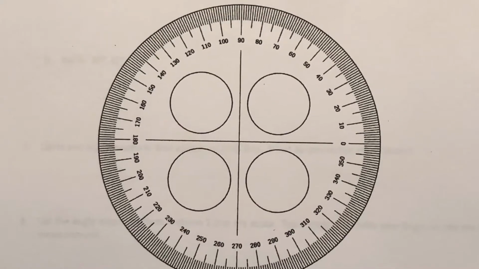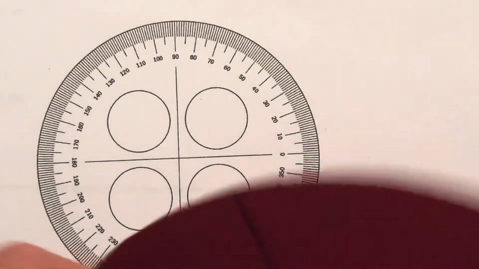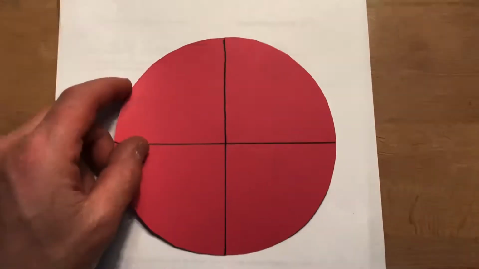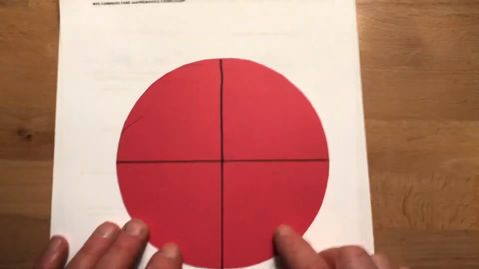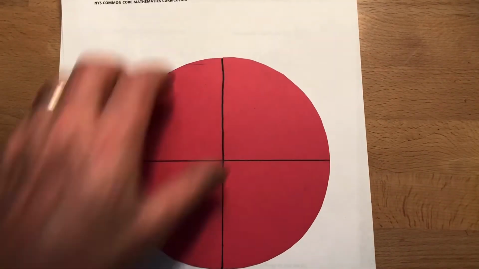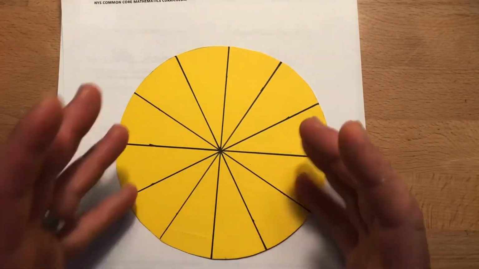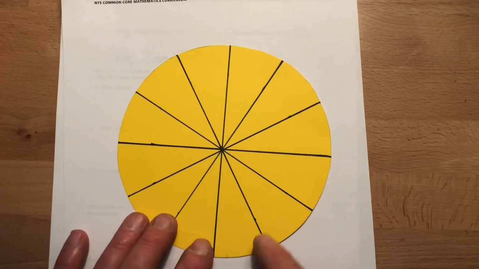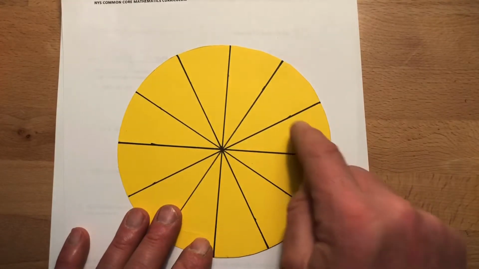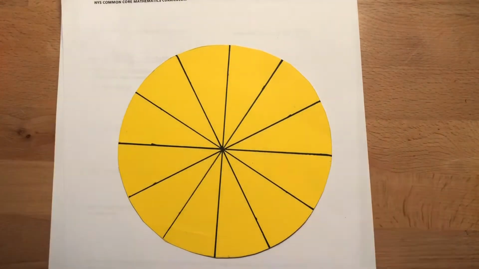All right. So there are other fractions of circles too. For example, here, this is split up into fourths: 1/4, 2/4, 3/4, and 4/4. And this one over here is split up into even smaller pieces. More pieces, but smaller. This one is split up into 12ths. This is 12 pieces right here.